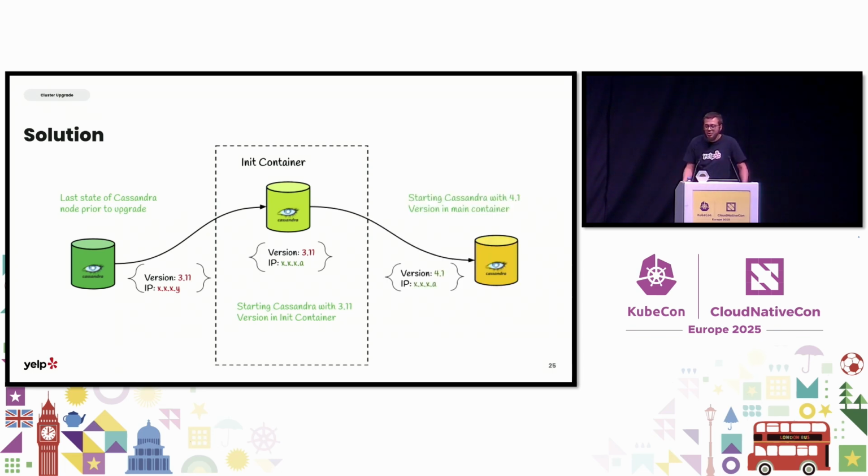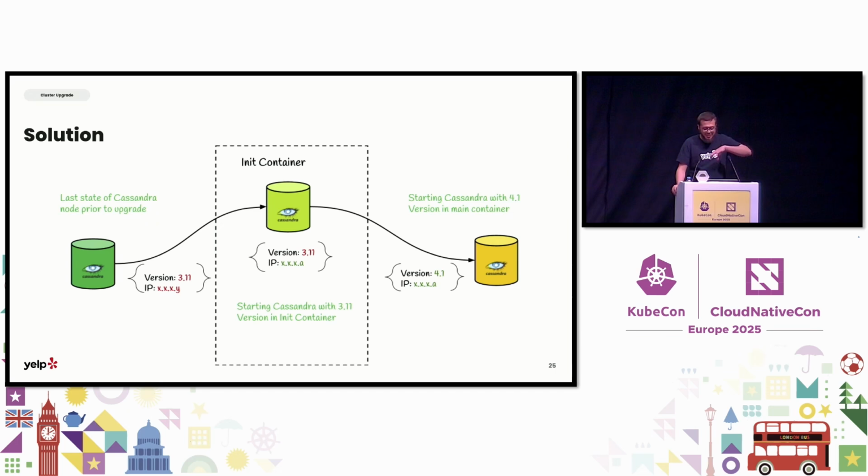Then later, we started Cassandra with the 4.1 version in the regular container. Now, because the network stack is shared, the IP assignment doesn't change across containers. It remains consistent.